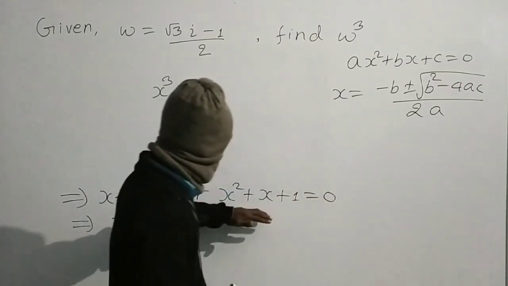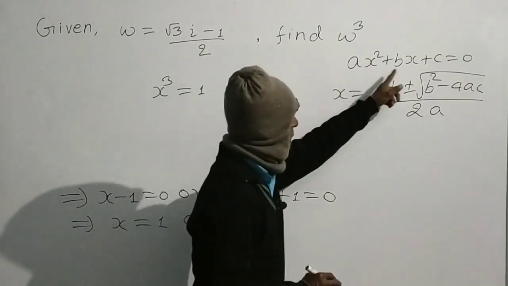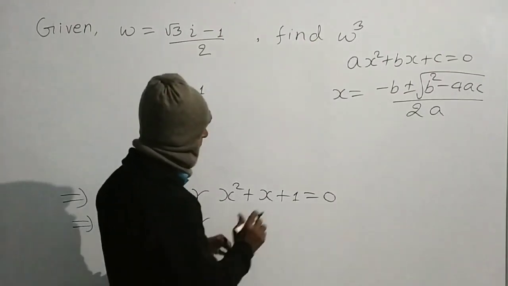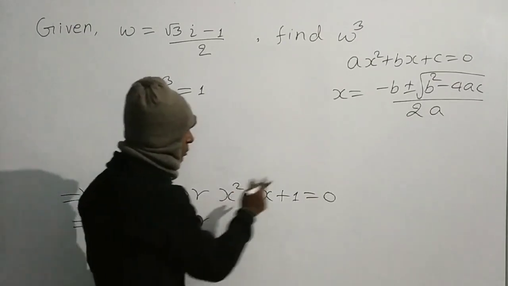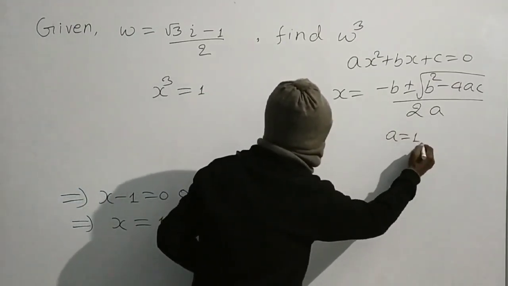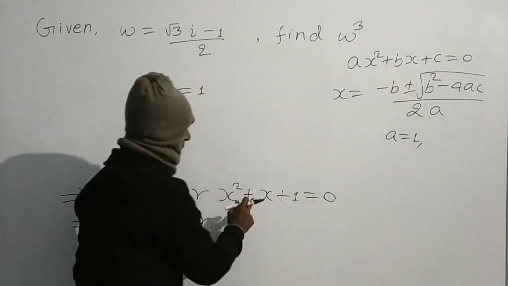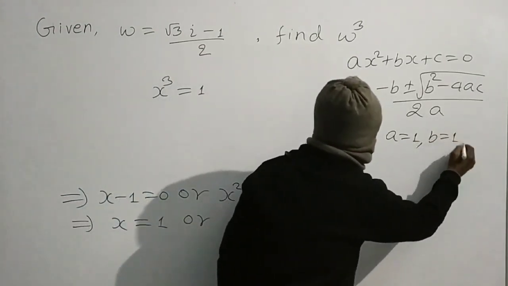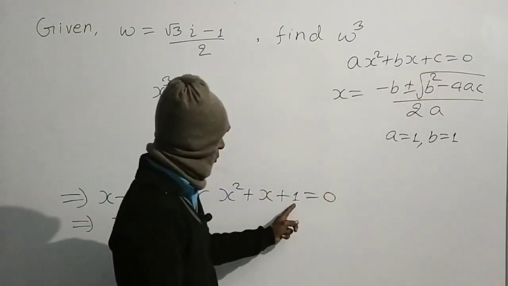When we compare this equation x square plus x plus 1 with ax square plus bx plus c, we see that in place of a here is 1. In place of b, that means the coefficient of x, is 1. And this constant number c is 1.